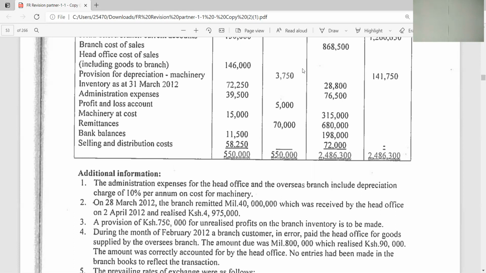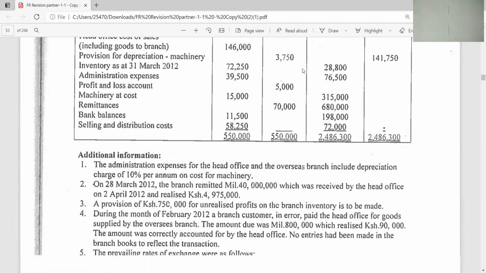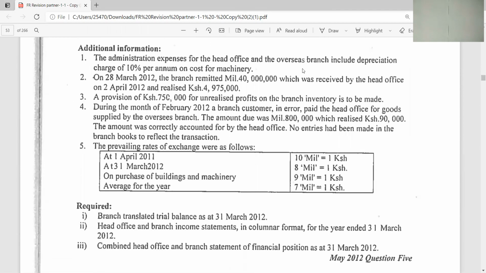It was sent on 28 March, which was within the financial year, before it ends on 31st March. That is when they sent the amount of 40 million Miri.